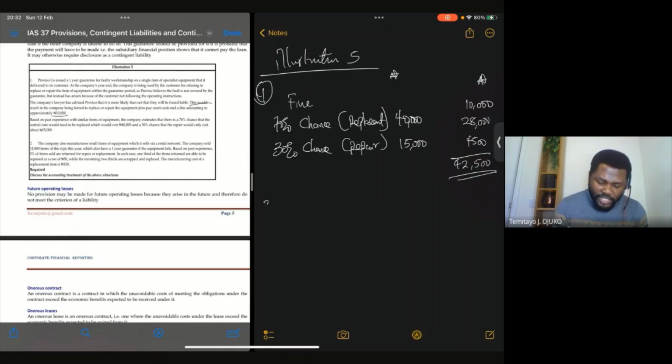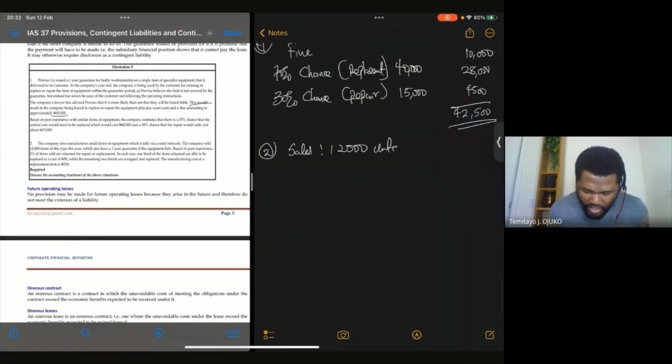Now, let's look at the second bit. The company also manufactures small items of equipment which it sells via a retail network. The company sold 12,000 units of an item this year, which also have a one-year guarantee.